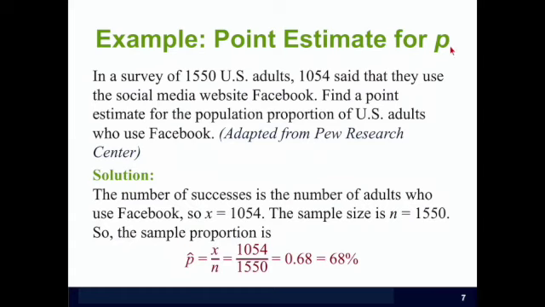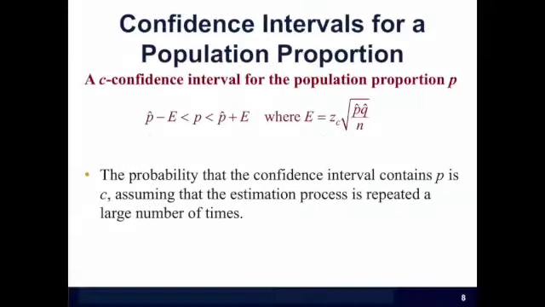As in the previous sections, we would like to build confidence intervals for a population proportion. A confidence interval for the population proportion P is built by finding a point estimate and then a margin of error.